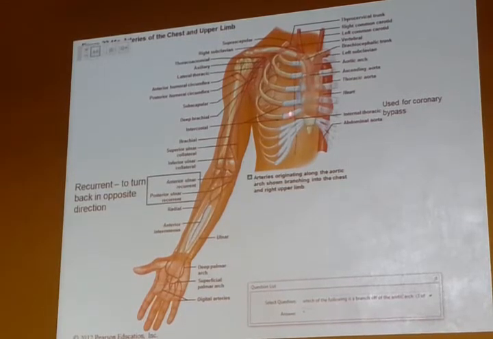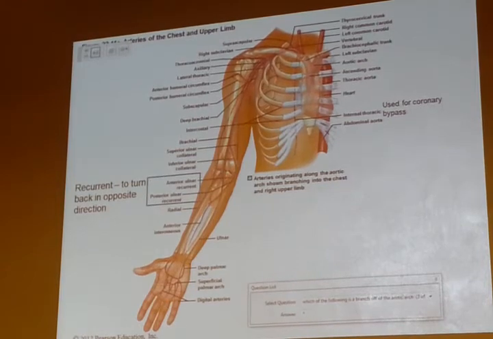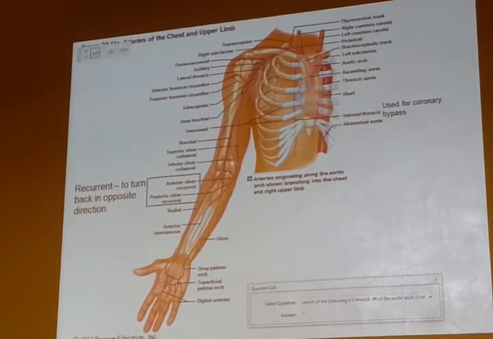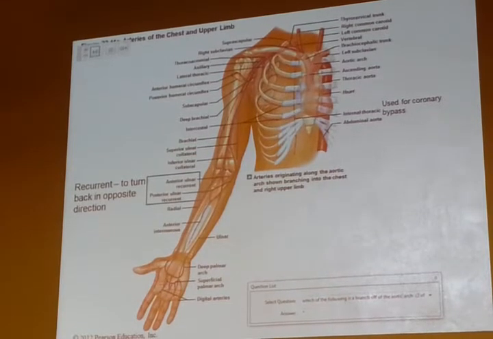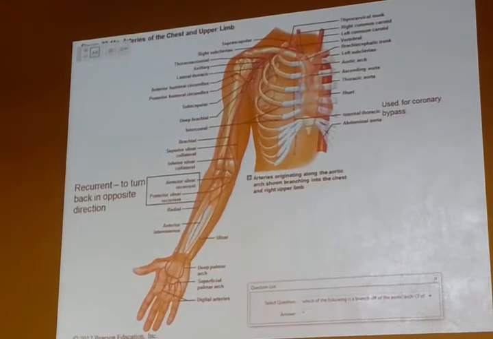These internal thoracic arteries, I've made a little note to the side there that those are used for coronary bypass surgery. If you have arteries on the front of your heart that are blocked, and there are just a couple areas that are blocked, you don't have to open the whole chest up.